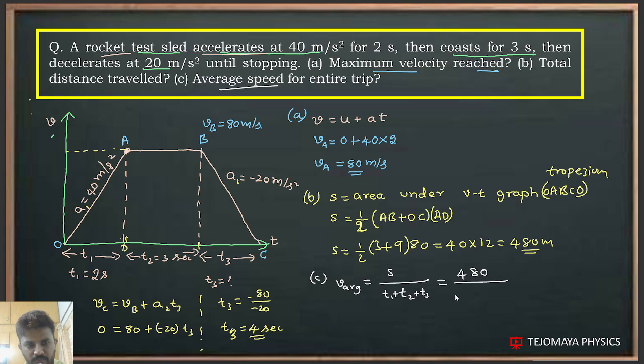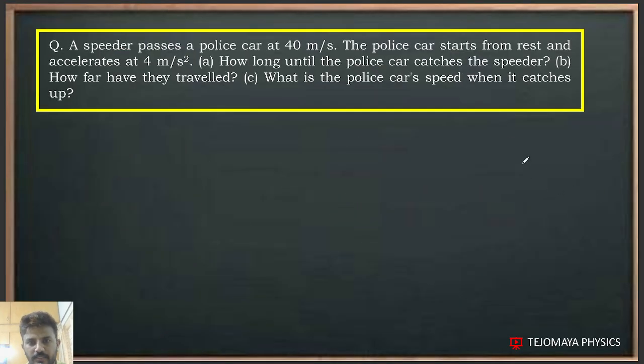Total time taken is 2 plus 3 plus 4, that is 9. So if you just divide this, you will get the total average speed, 53.33 meter per second. Just calculate it, you get the answer. Okay, next.